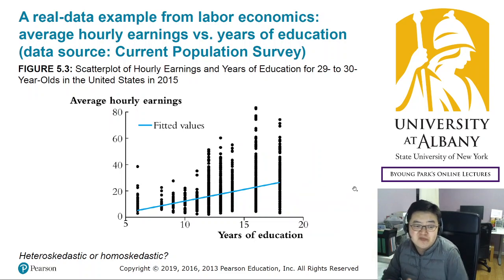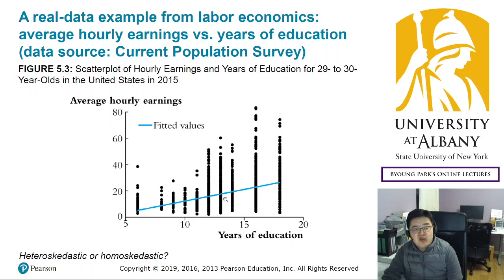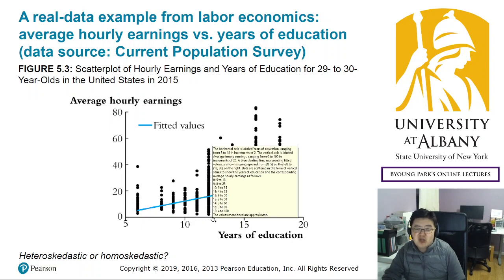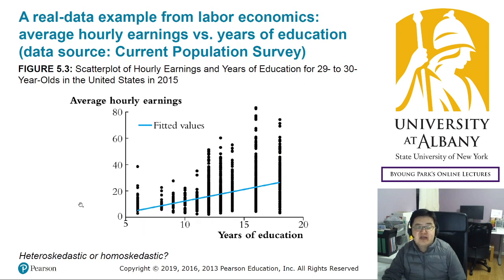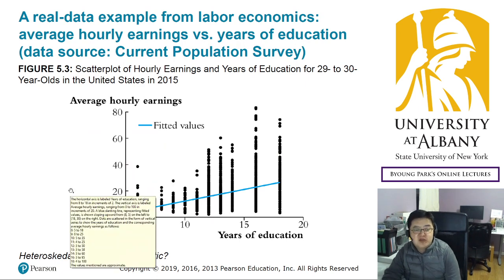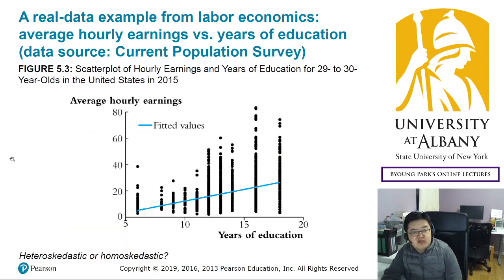Somehow it's natural. So think about that. When you have only 12 years of education, so you have a high school degree, the variance can be smaller because your prospects are kind of limited.